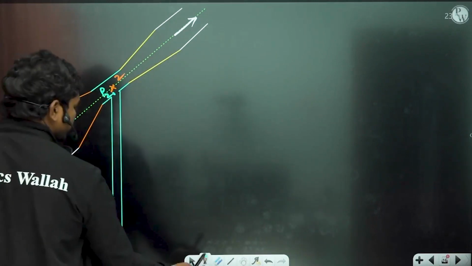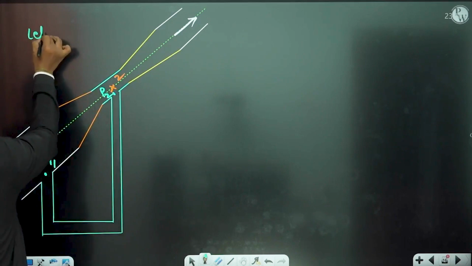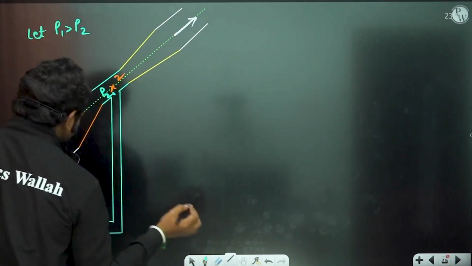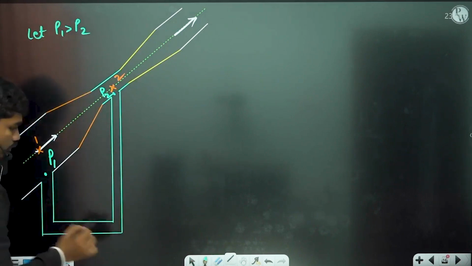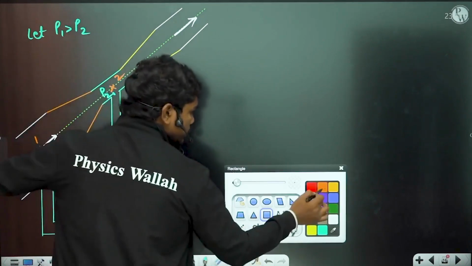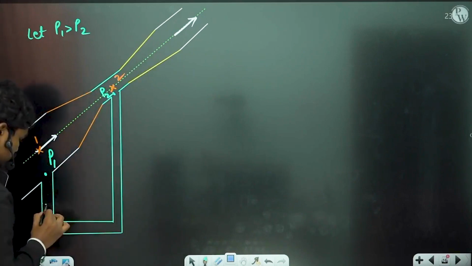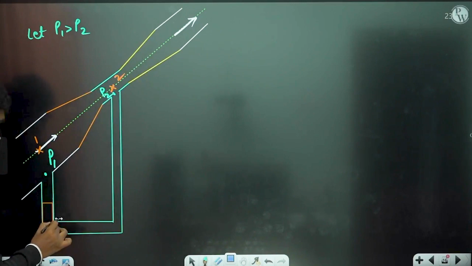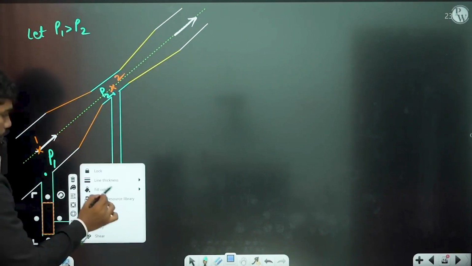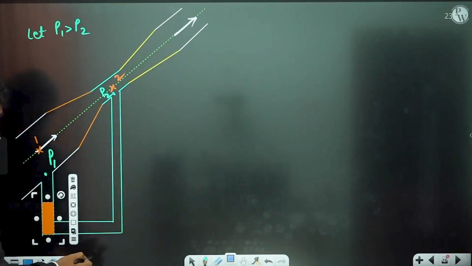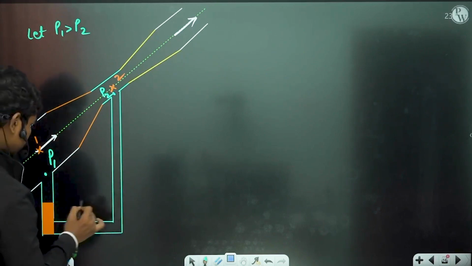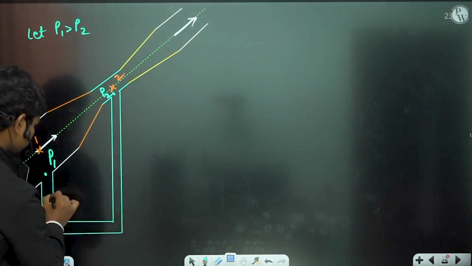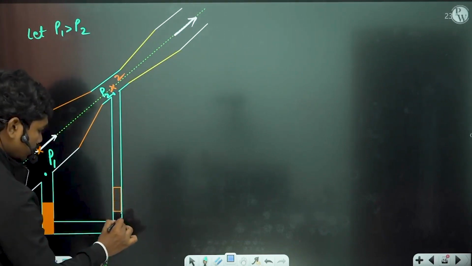Let P1 be greater than P2. So whenever you have P1 greater than P2, you have the mercury manometer. So let us see. Similarly, if P1 is greater than P2, then in that case this manometer limb will be somewhere here, for example like this.